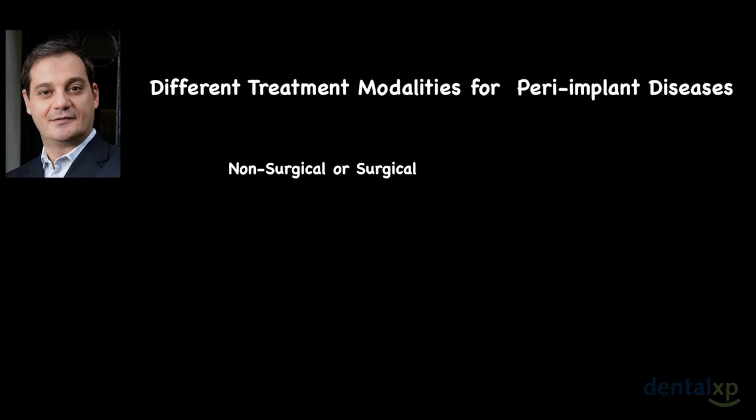Well, you have basically mainly two of them, non-surgical or surgical. And when we look at the non-surgical or surgical, are we going to do mechanical or chemical? In the non-surgical, and in the surgical also. And lastly is the resective or regenerative therapy.